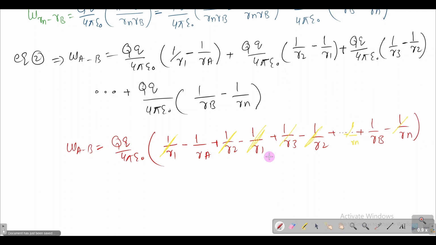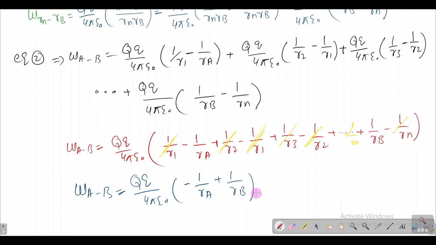It will cancel with that, and so the remaining thing here will be work done from A to B is equal to q by 4 pi epsilon naught, and the remaining thing will be 1 over Ra, it will not cancel, and plus 1 over Rb.